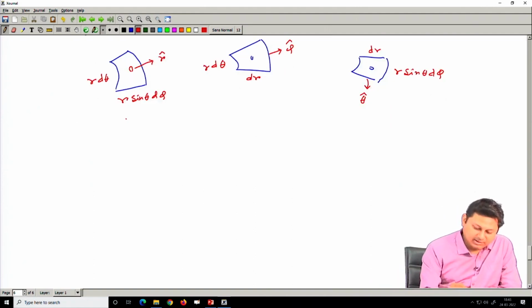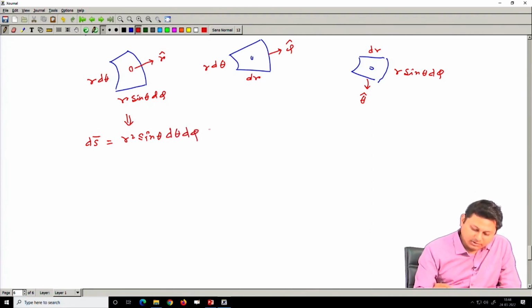So ds here should be r square sin theta d theta d phi with unit vector r.